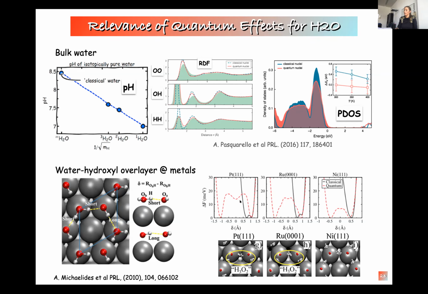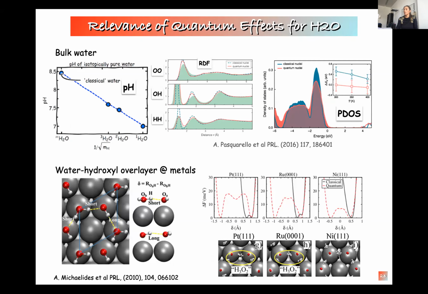Here the discussion was about the lattice constant of the metal that can induce a different dynamics of the hydrogen. So quantum effects have already been taken into account.